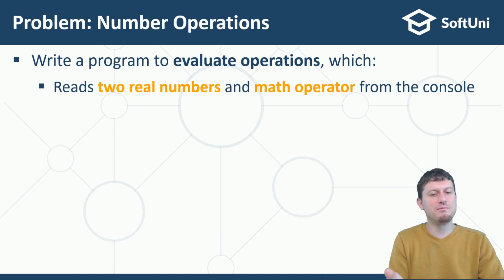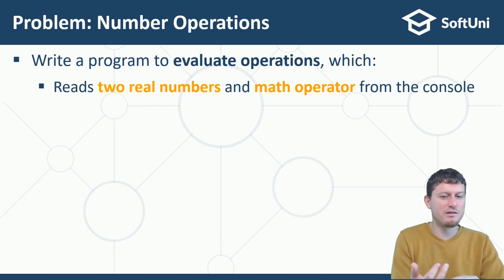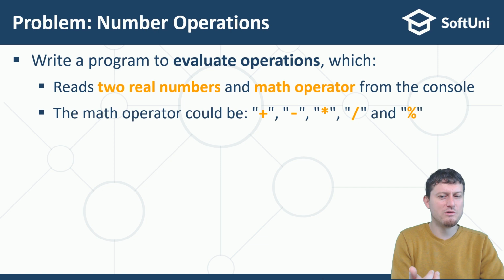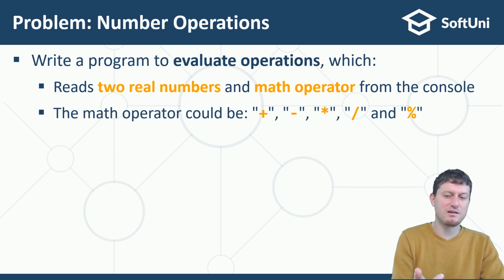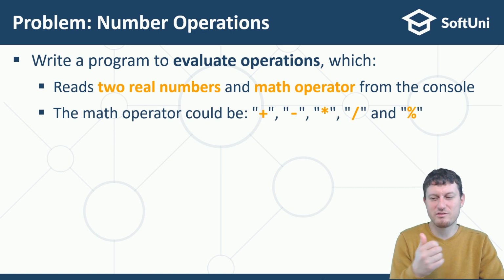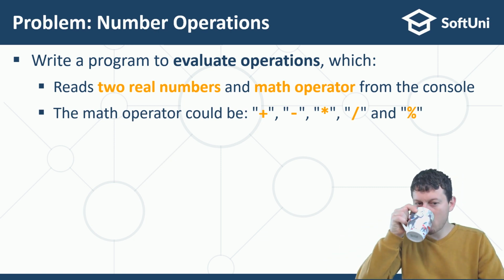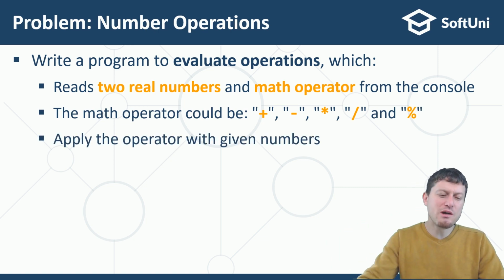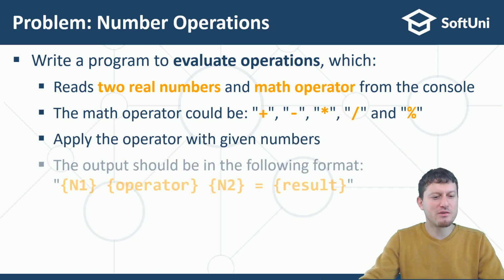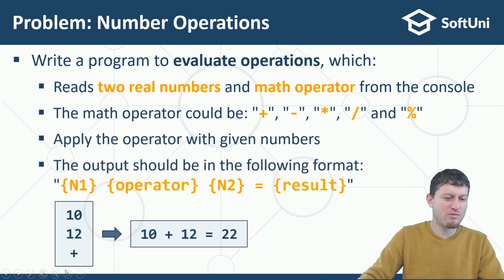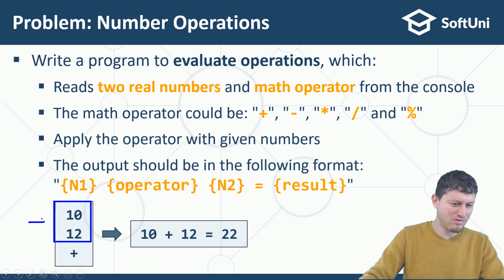about writing a program to evaluate operations, which reads two real numbers and a math operator from the console. Math operators are plus, minus, multiplication, division, and percent, which is the remainder of division. And to apply this operator with the given numbers. This is the example which explains the problem better. So if we have 10, 12 and plus, we need to calculate 10 plus 12.